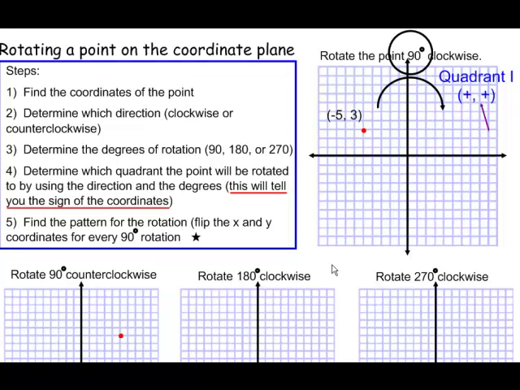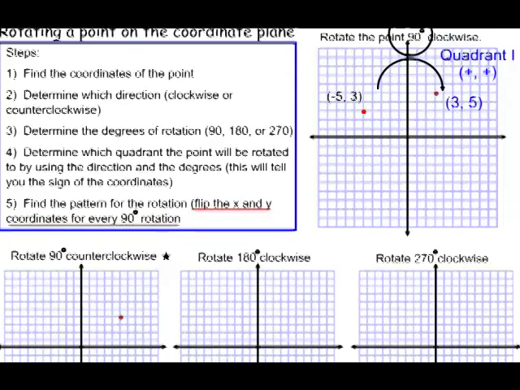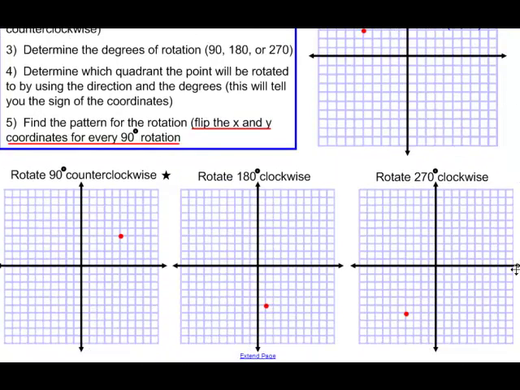So now the rule for rotation is every 90 degrees I flip the x and y coordinates. The sign is based on what quadrant they're in, so I have to know my quadrant. In this case, I'm going from here to here, 90 degrees, which means the 5 and the 3 get flipped, 3 and 5, and they become positive because I'm in quadrant 1. Okay, fairly simple. So now we'll use that rule down here.